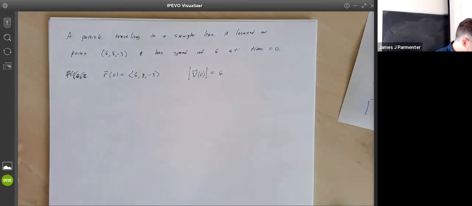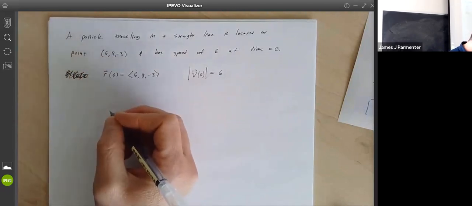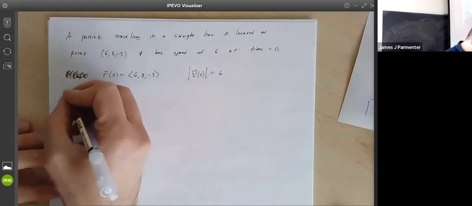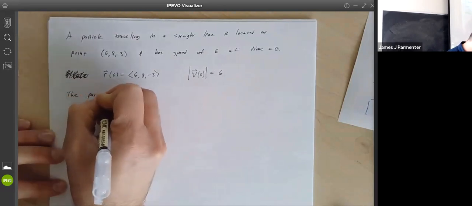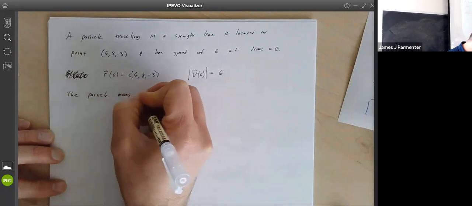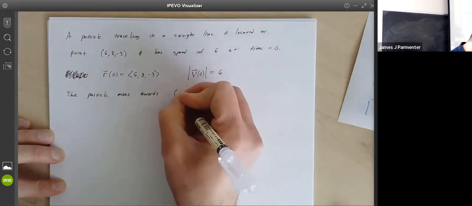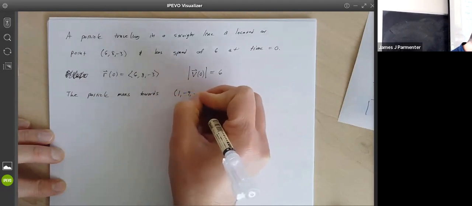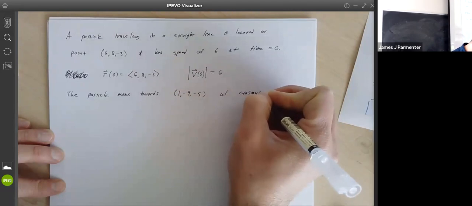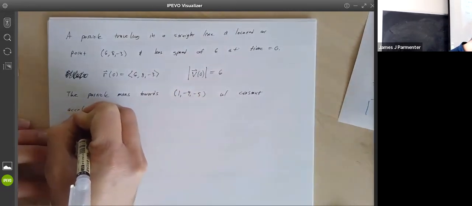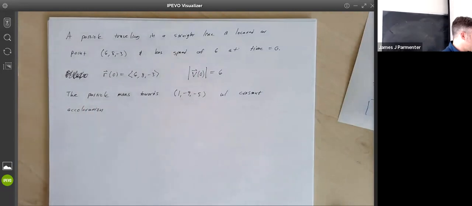All right. What else are we given? The particle moves towards the point (1, -9, -5) with constant acceleration. Just like the last problem, which also had constant acceleration.